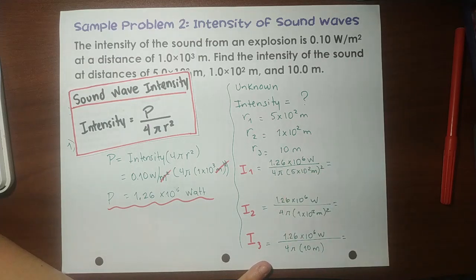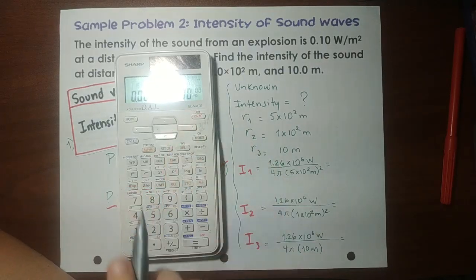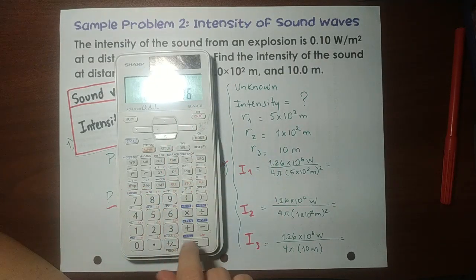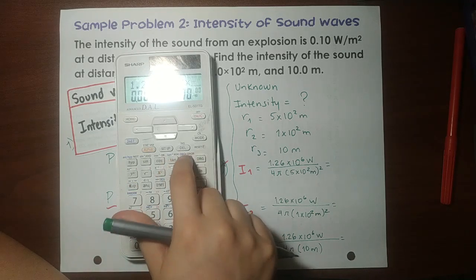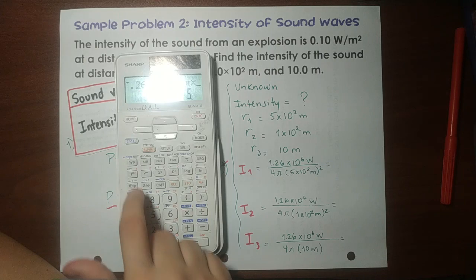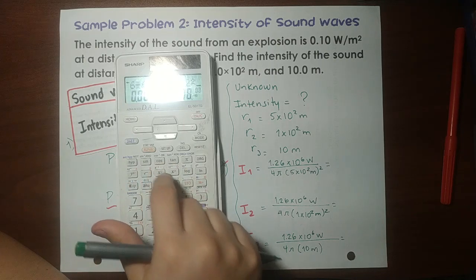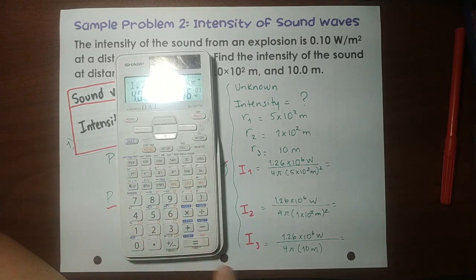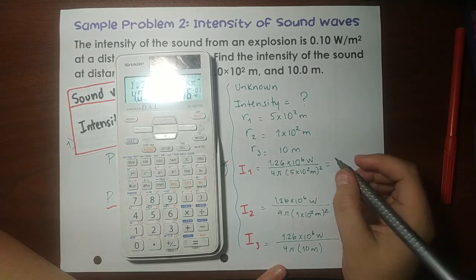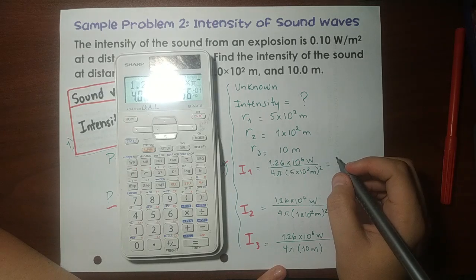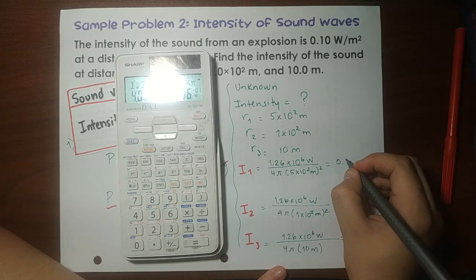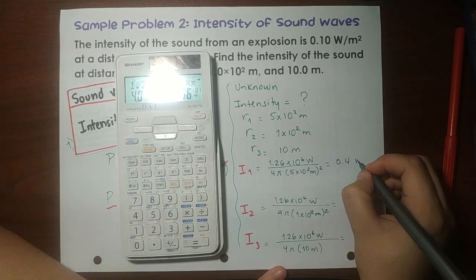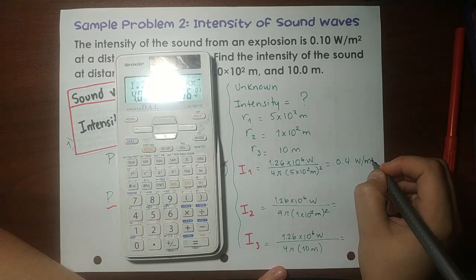Do all the math, and let's see. 1.26 exponential 6 divided by 4 times pi times 5 exponential 2 raised to the second power. This intensity is 0.4 watt per meter square.